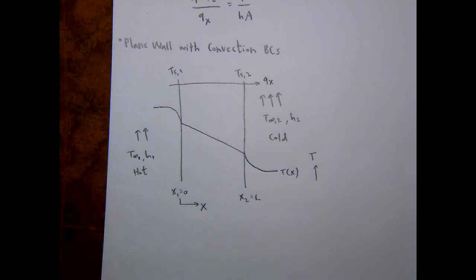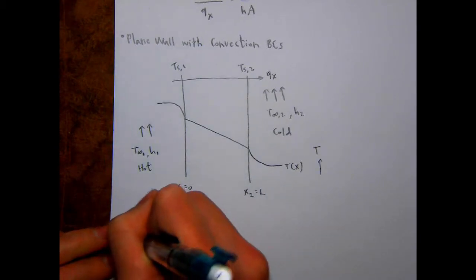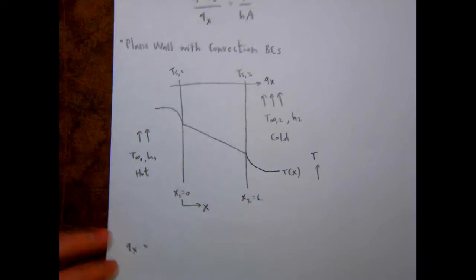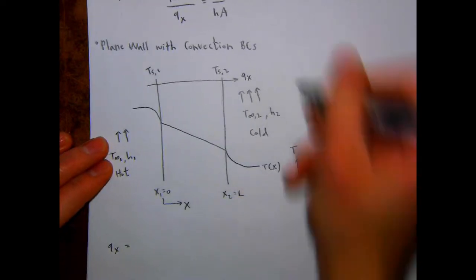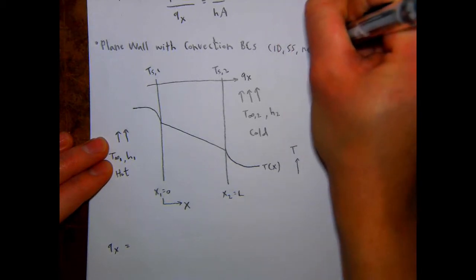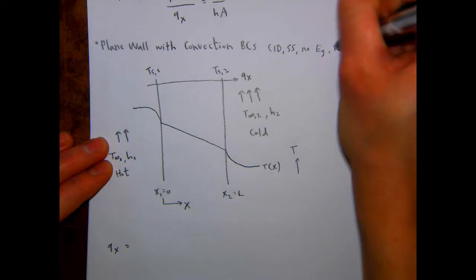So remember we did a very similar problem on the first homework with the composite, the double pane window. And based on that, say we're making all the same assumptions. Let's just list them up here. 1D, steady state, no energy generation, isotropic.